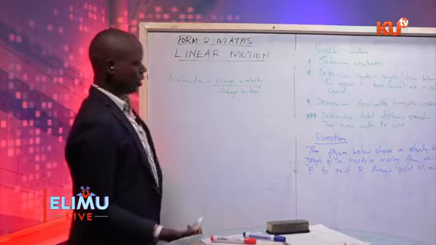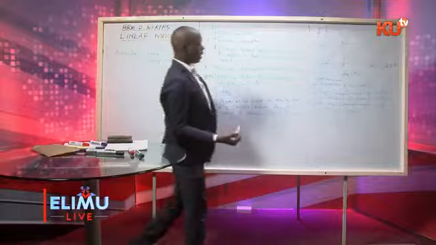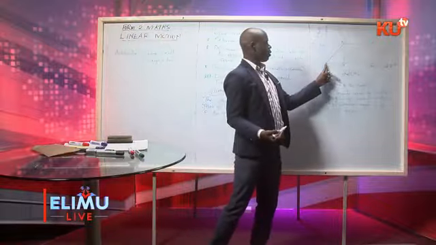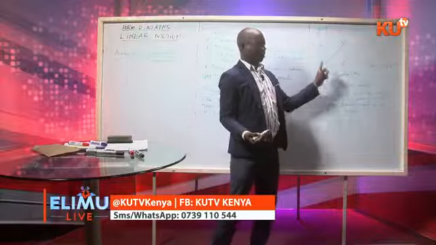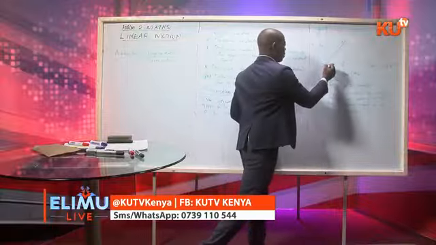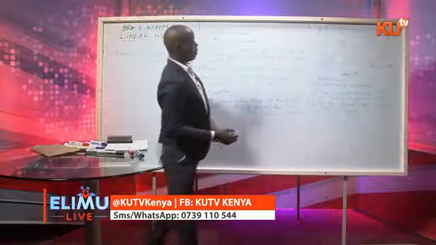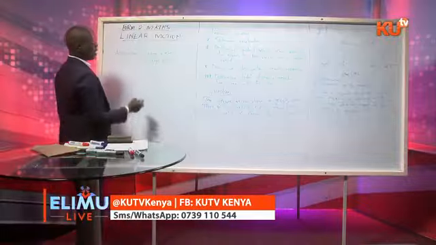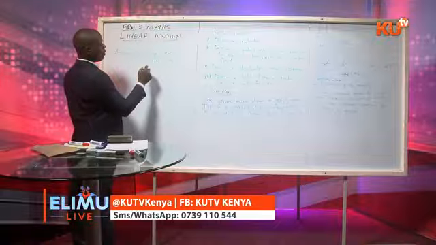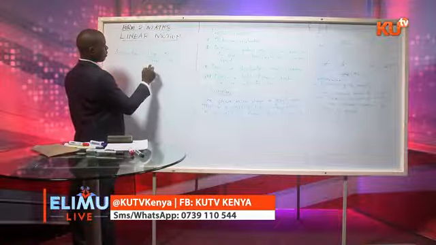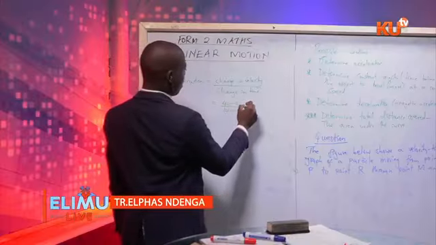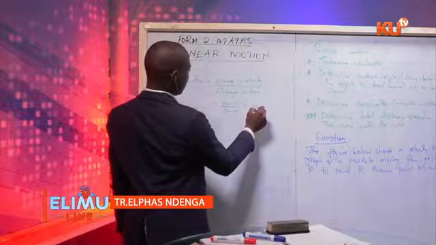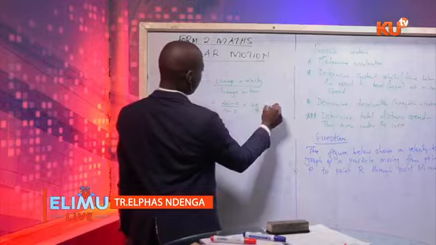In simpler words, for those who've learned gradients and the equation of a straight line, we determine the gradient of this line. Putting in mind that the starting point is at O, point 0, the maximum value on the y-axis, which is this velocity, is 40 less 0 over 10 less 0. That is 40 over 10, which is 4.